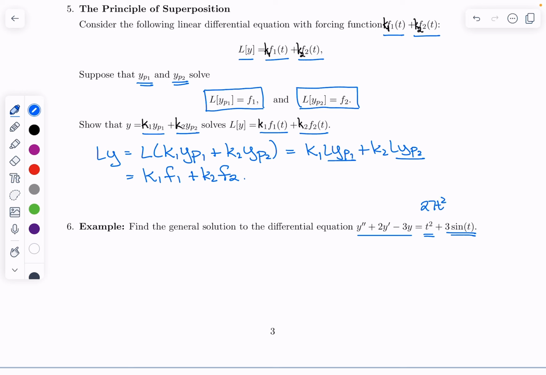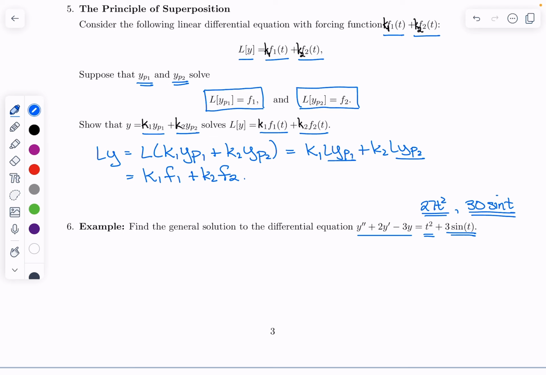And I also solved the equation when the right-hand side was 30 sine t. So I can use the particular solutions from solving the equation with 27t squared and use the particular solution when the right-hand side was 30 sine t.